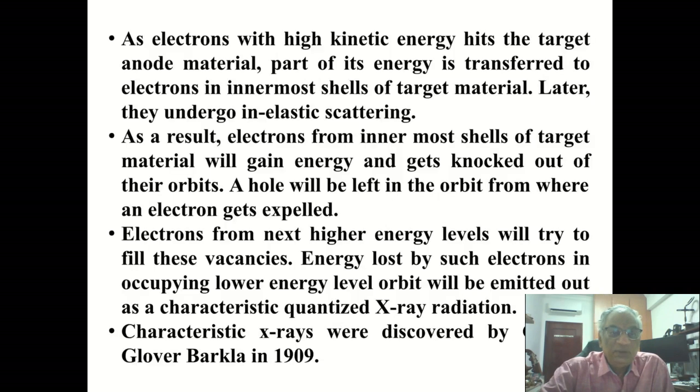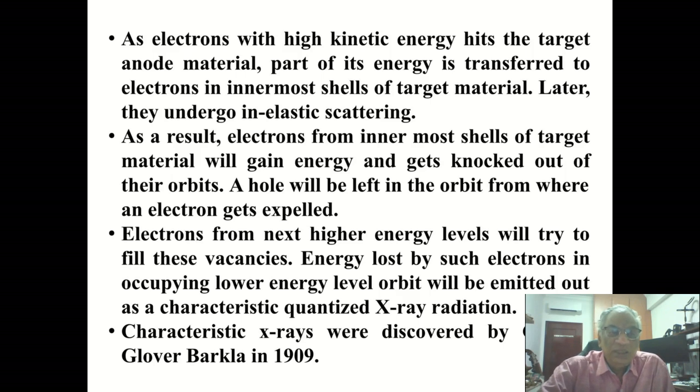As electrons with high kinetic energy hit target anode material, part of its energy gets transferred to electrons in the innermost shells of the target material. Later they undergo inelastic scattering. As a result, electrons from innermost shells of target will gain energy and get knocked out of their innermost orbits, thus leaving a hole in the particular orbit from where the electron gets expelled.